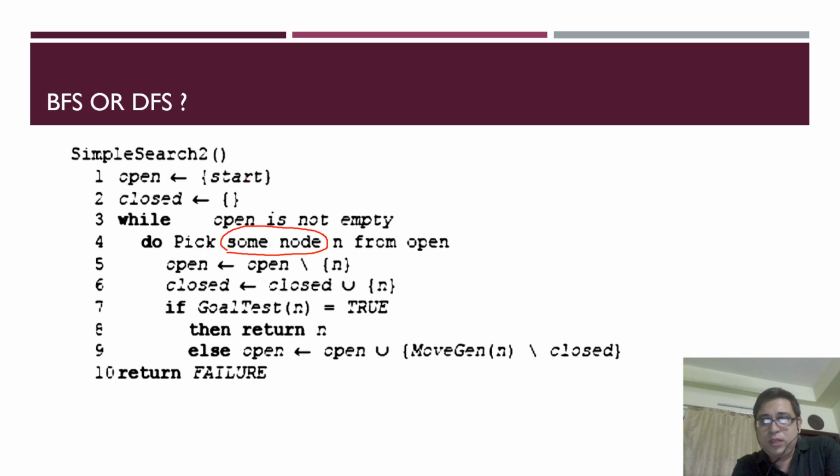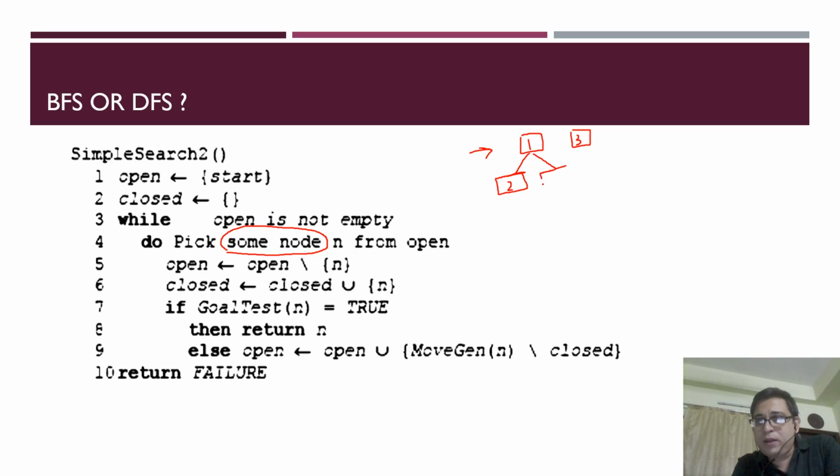It seems it will be breadth first search. Actually, it depends. Let's say you have 1 over here, and you also have 3 at the same level, so these two are in open. Now you are expanding 1 and you are having 2 and 4.